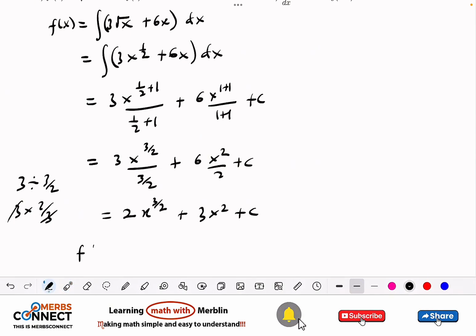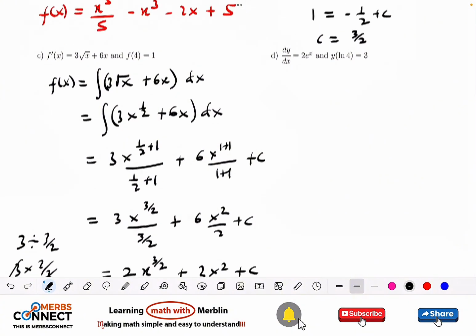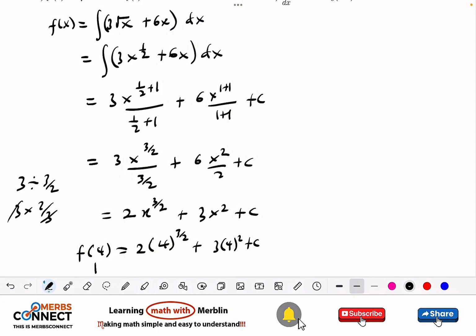So what is f of 4? Plug in 4. So 4 to the power 3 on 2, let's see. What is f of 4? That one is 1. So 1 is equal to this one, 2 times the square root of 4 cubed, half of square root of 4 is 2. 2 to the power 3 is, I think, 8.